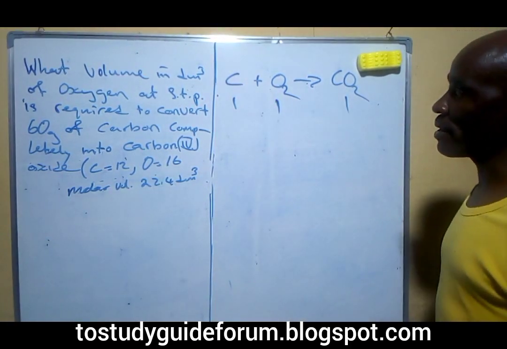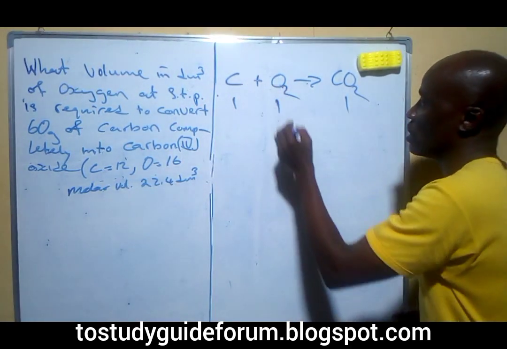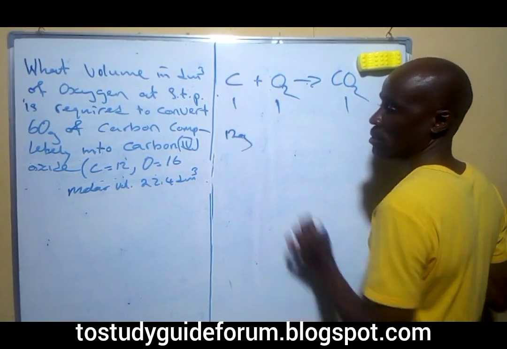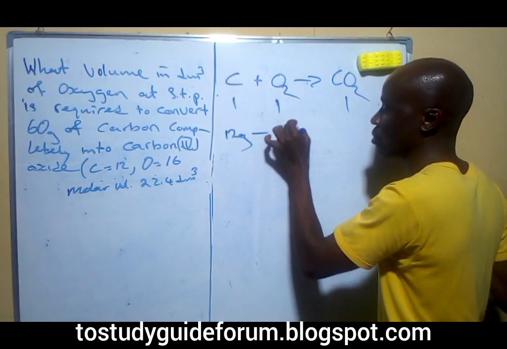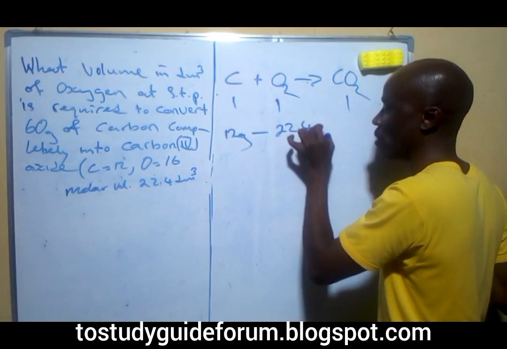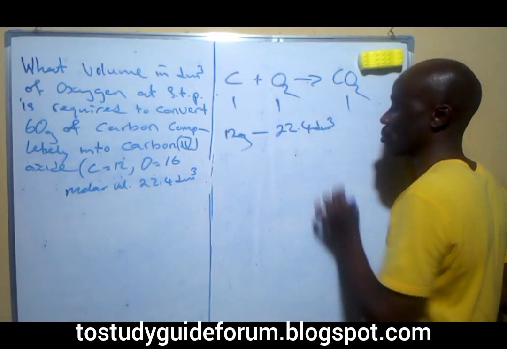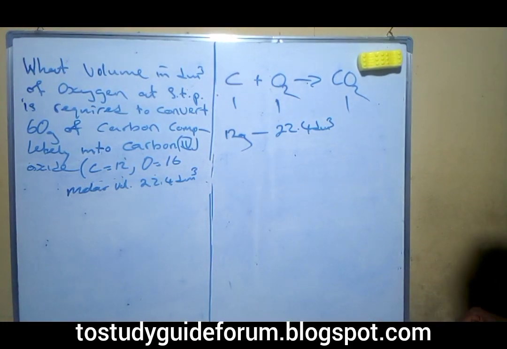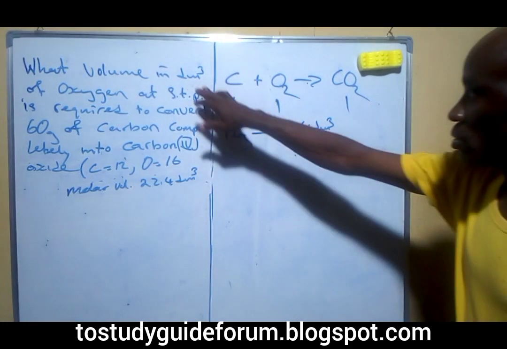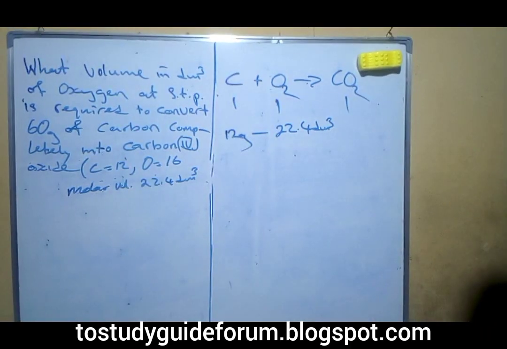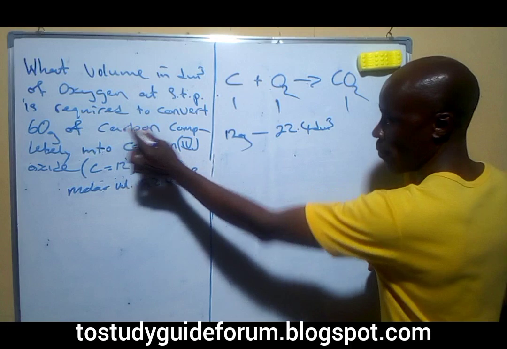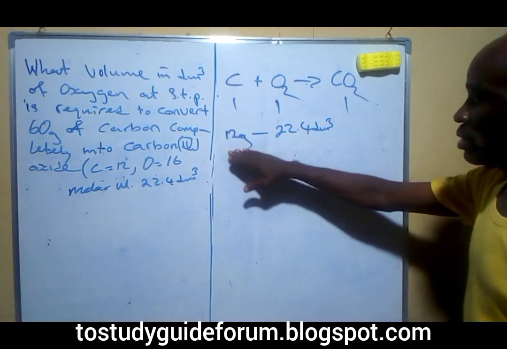So now we have it in grams. We know that carbon is 12, so 12 grams will require 22.4 dm cube. Also, we can say 22.4 liters, but let's maintain what is given to us here. Why do I choose to do this?